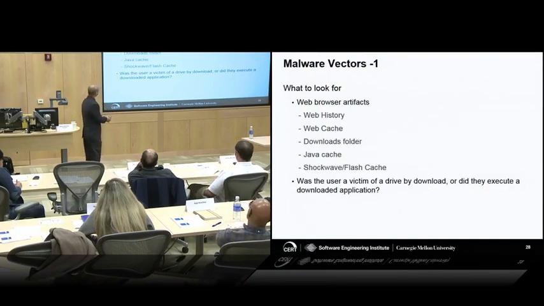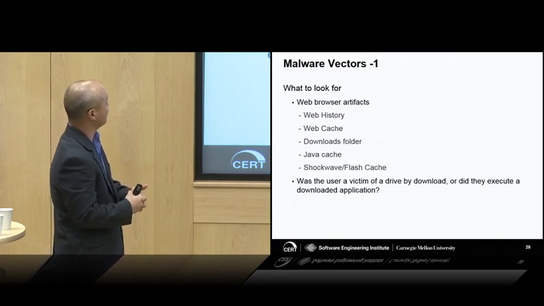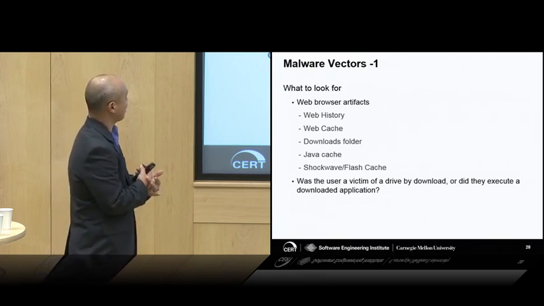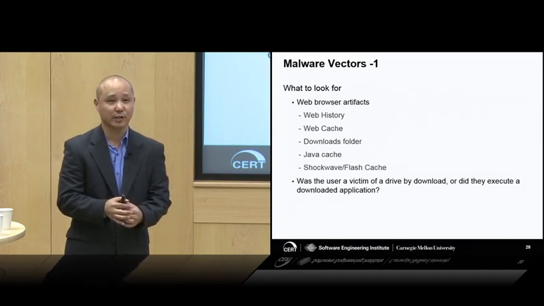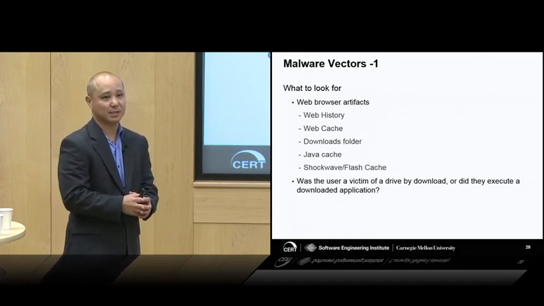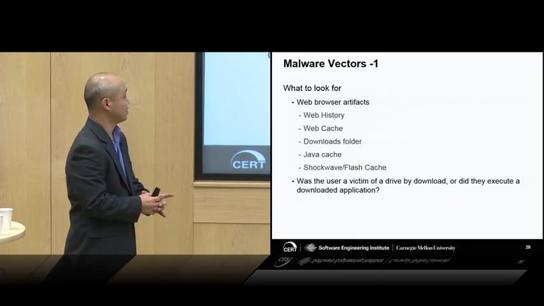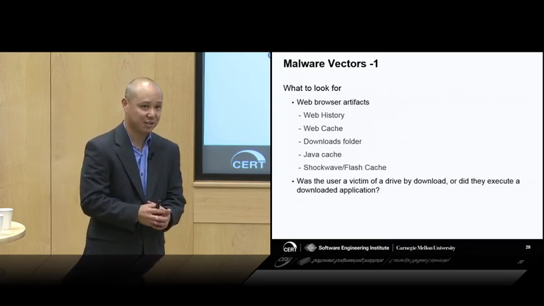Okay. So here's some of the items that you'll be looking for if you're trying to catch malware activity. Your web browser artifacts, the web history. There's a web cache that you can look in. The downloads folder is a pretty good place to look too. They do have a Java cache, and then there's a Shockwave and Flash cache.